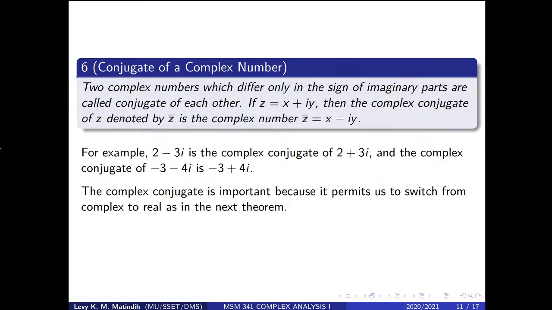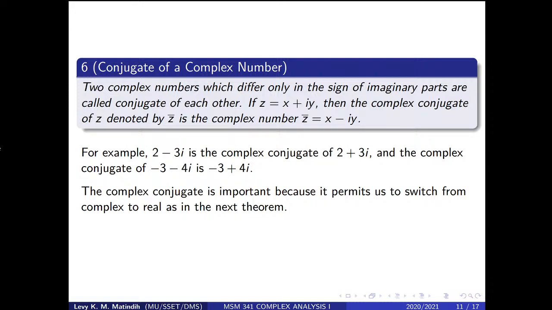Okay, now, what is really the difference between the given complex number and its complex conjugate? The only difference is the sign in the imaginary part. So two complex numbers which differ only in the sign of the imaginary parts are called conjugates of each other.